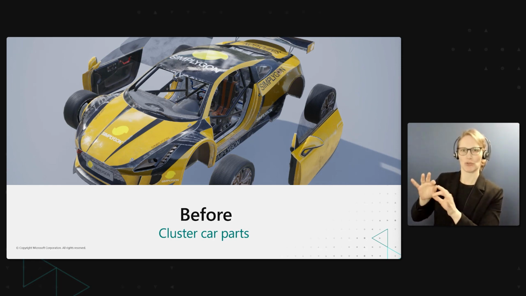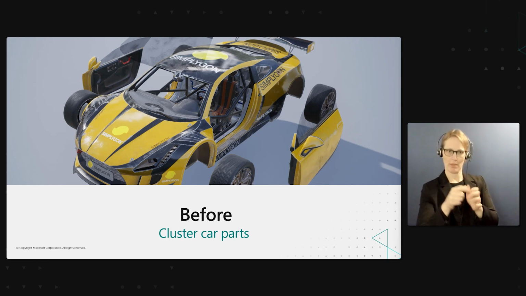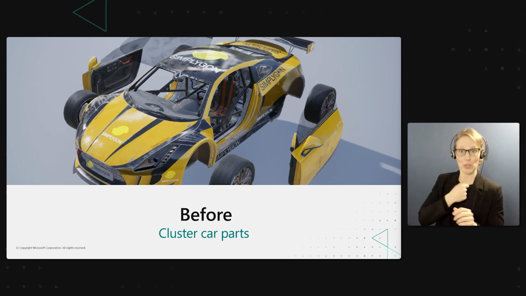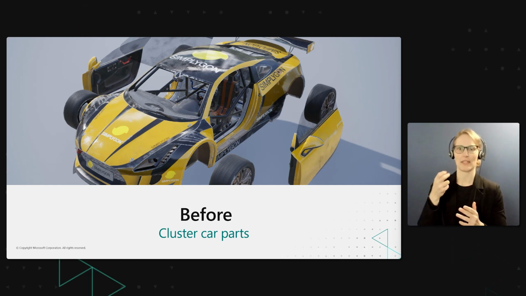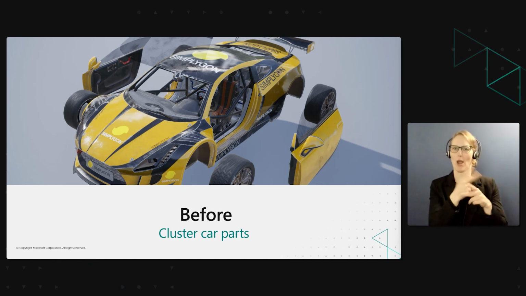So the asset we used in this video is actually off the shelf. So we basically had to do some work here to get it to be as we wanted it. We've started by clustering it. In our case, we chose to cluster it so that, for example, the wheels are separate objects, the doors are separate objects.